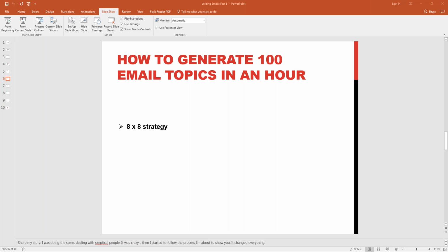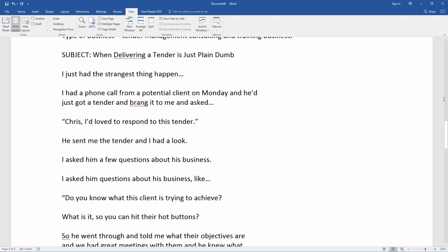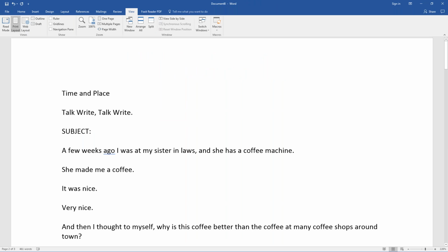But what I've also got here is another concept, along the lines of the talk right, which is a totally different strategy. Let me bring another Word document across, actually that same Word document, and I'll go through the 8x8 strategy.